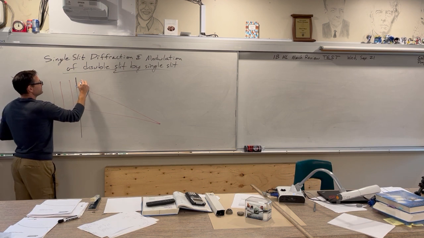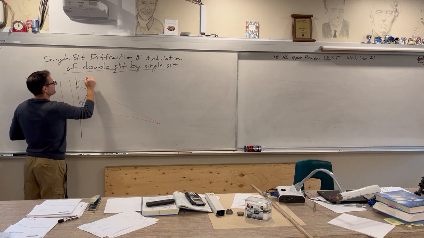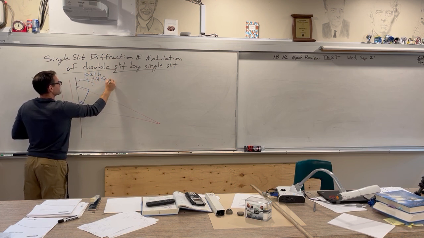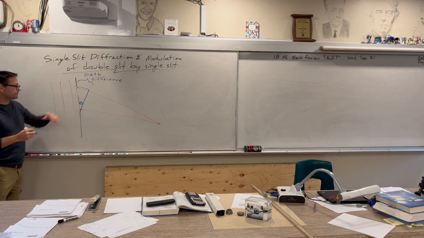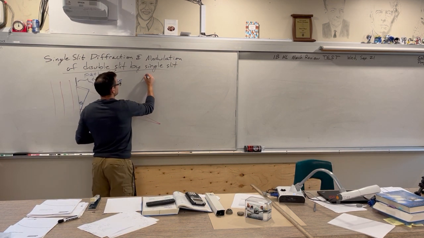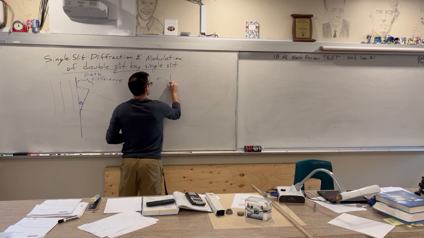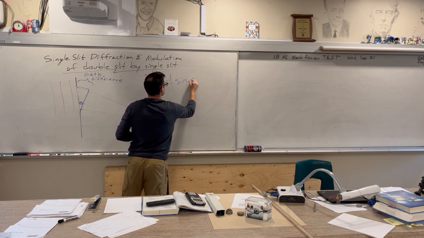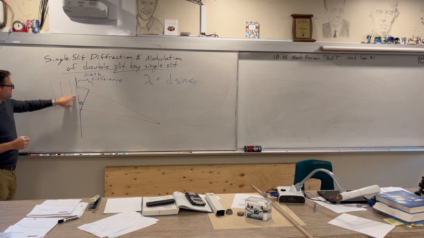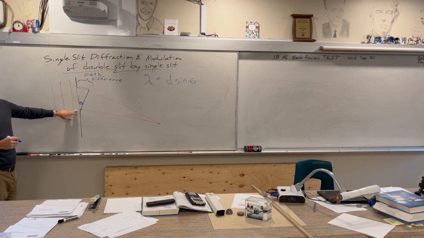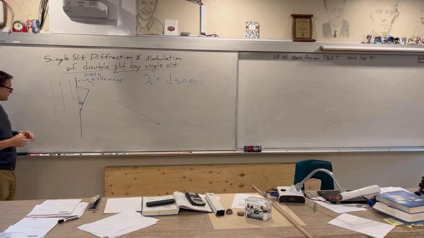When this is the path difference between our two points of diffracted light, so when we get over to where this path difference equals lambda, this is d sine theta. Yes? And d being the distance between the slits. Okay.